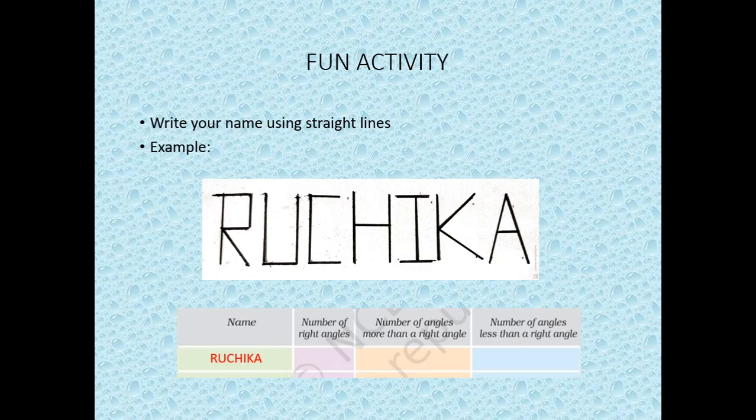Now, mark all the right angles using red color and mark all the acute angles using blue color and all obtuse angle using green color.